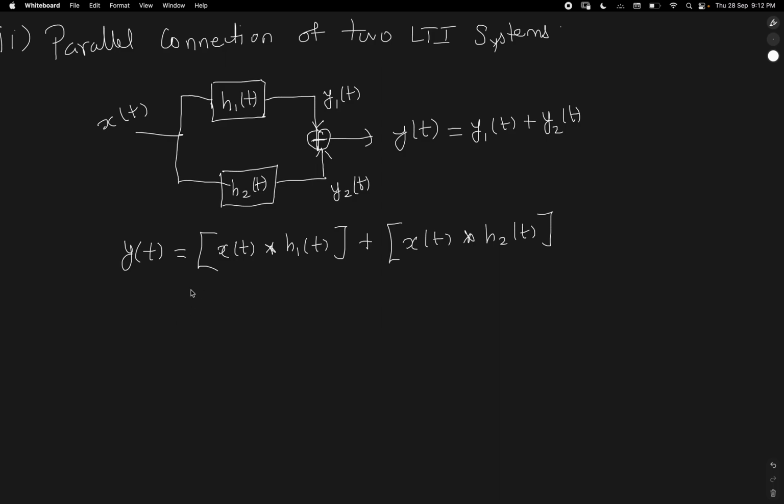According to distributive property of convolution, this can be rewritten as x of t convolution h1 of t plus h2 of t.